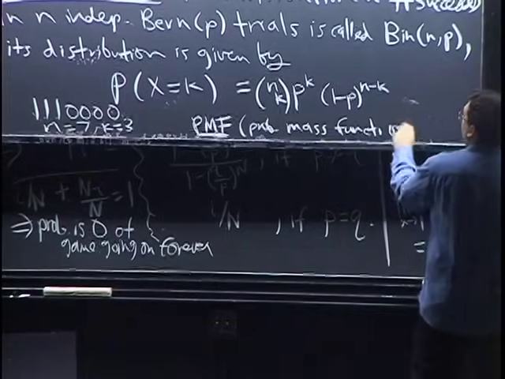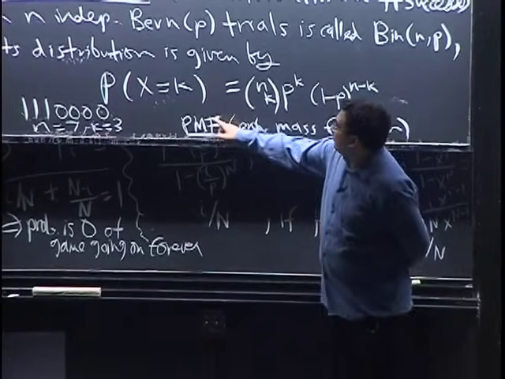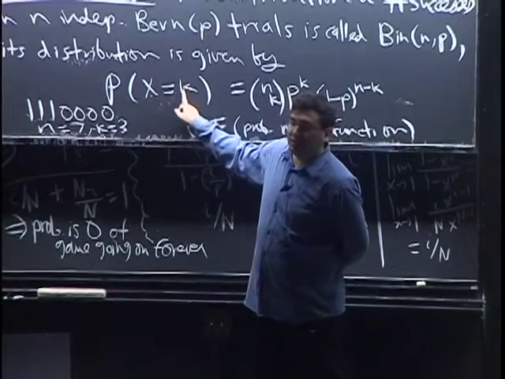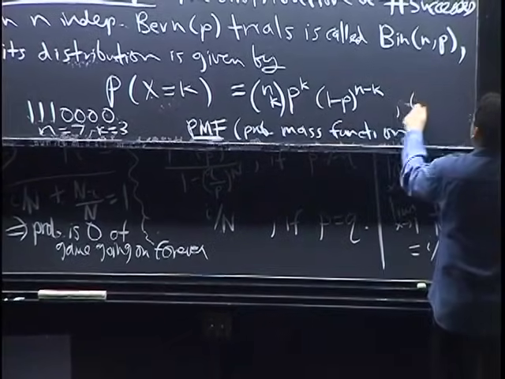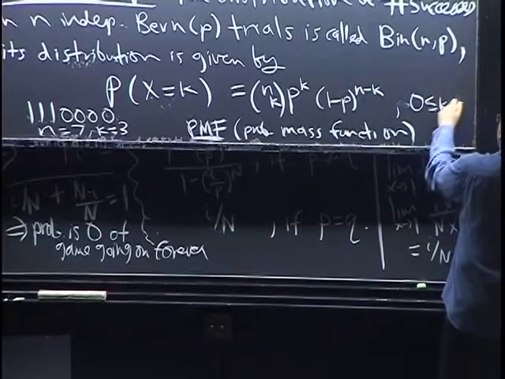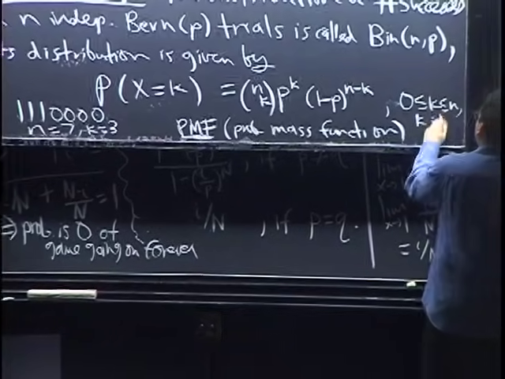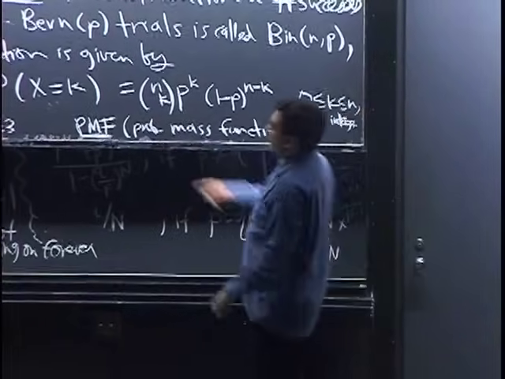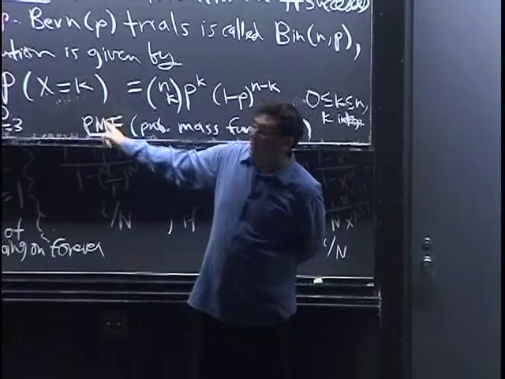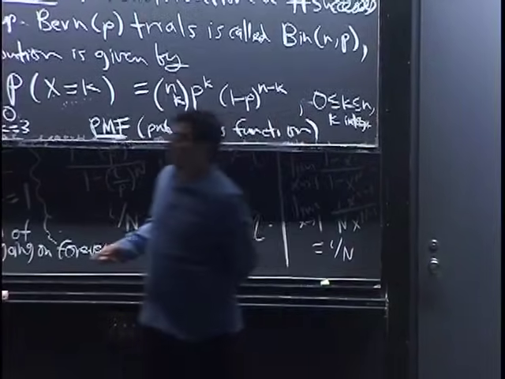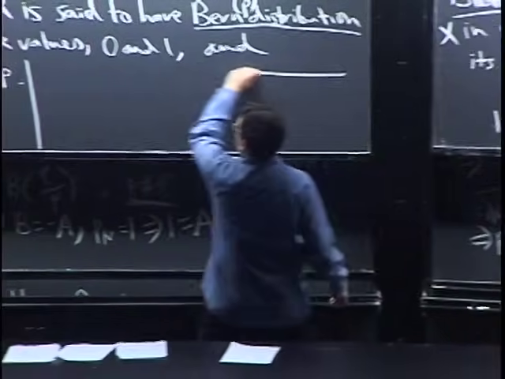And we'll talk more about these, but all it means is that this is just specifying what's the probability that x equals k. This is for k between 0 and n, an integer. All it's saying is what's the probability that x is 0, what's the probability that x is 1, and so on. Okay?